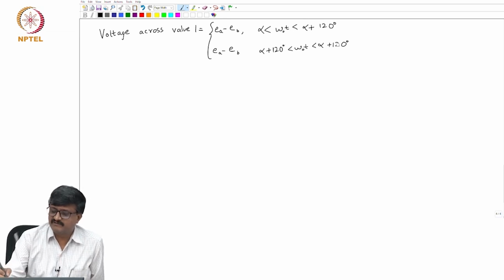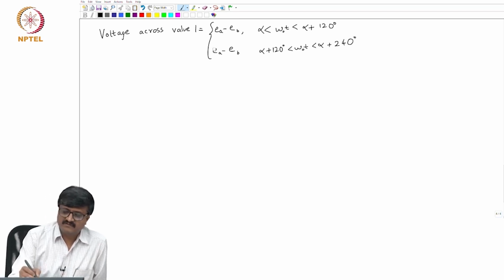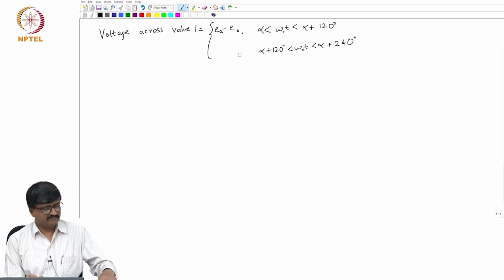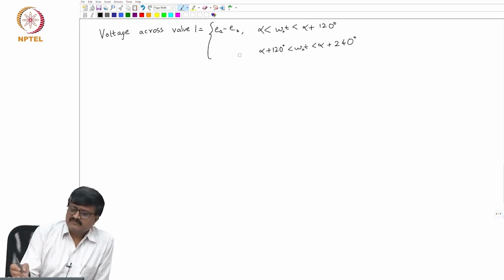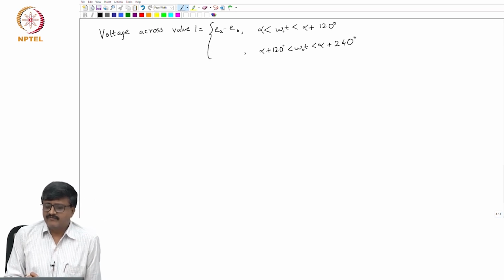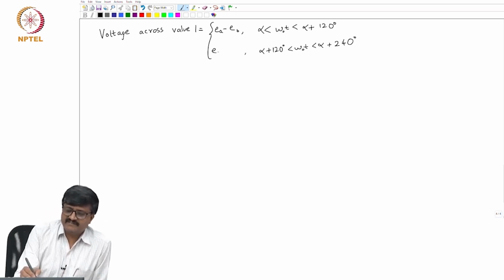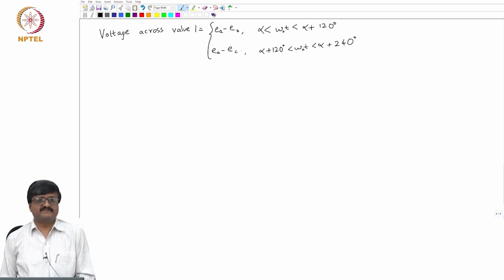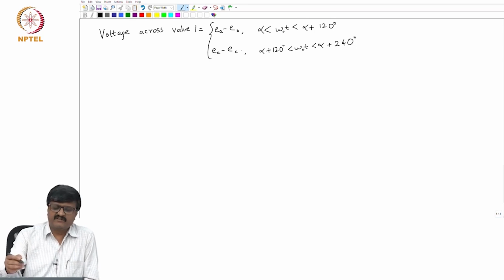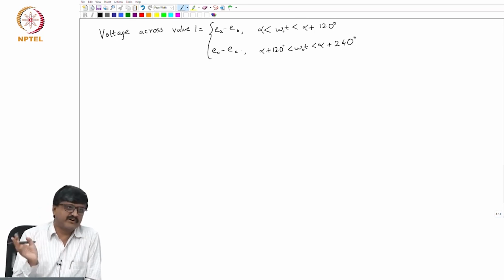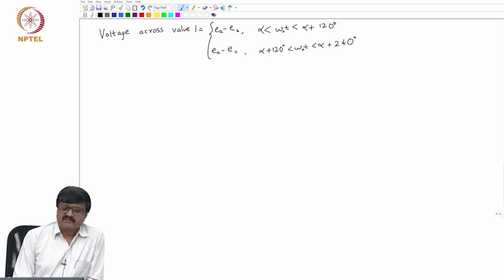Suppose I take the next intervals, up to alpha plus 240. From alpha plus 120 to alpha plus 240, it is EA minus EC. I meant to take these 2 expressions, not 2 intervals; it is actually 4 intervals. Of course, there are 2 more intervals where it is 0.